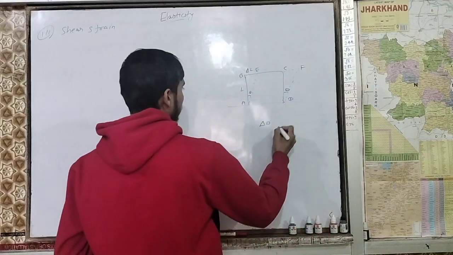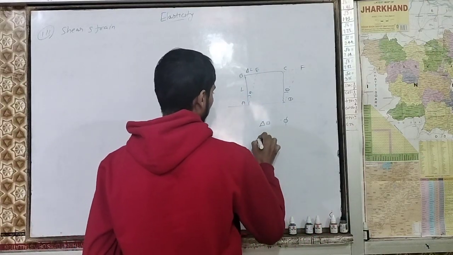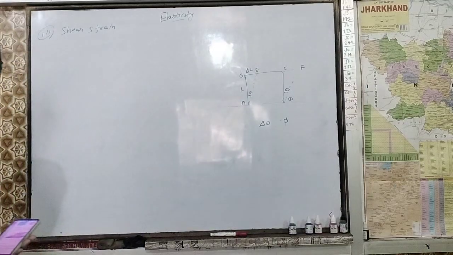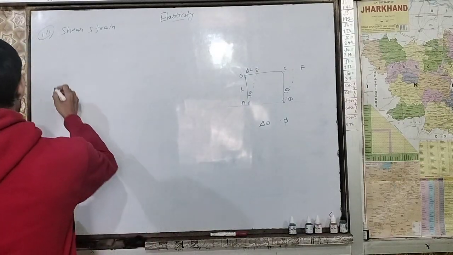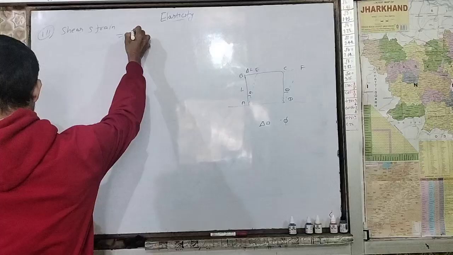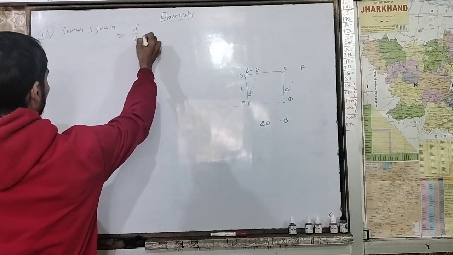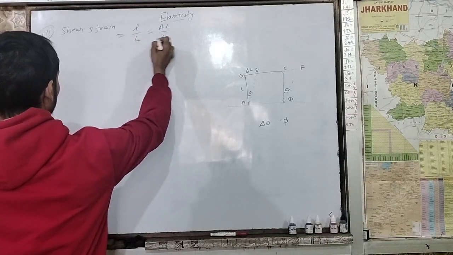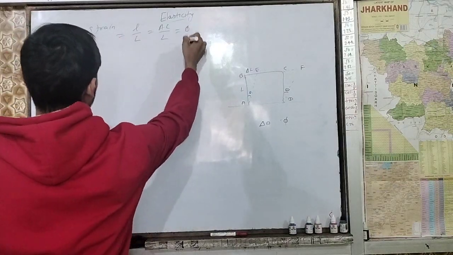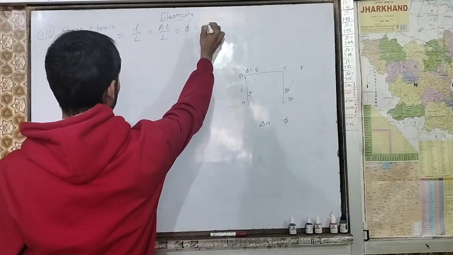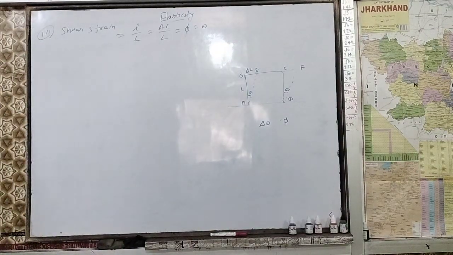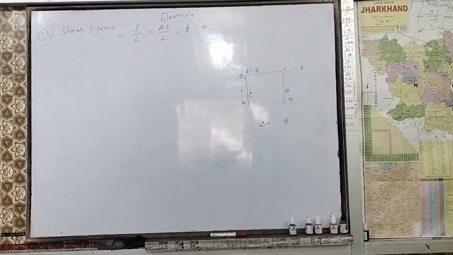So the shear strain will be equal to dL upon L, and this is equal to theta, which tends to 0 but is not 0.